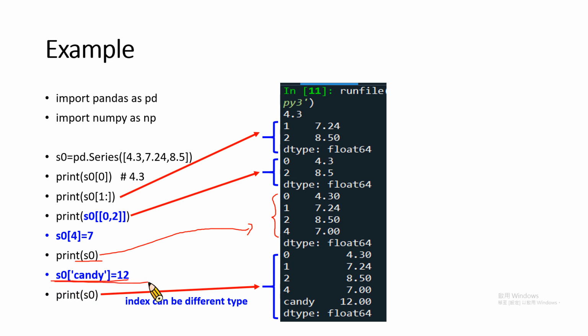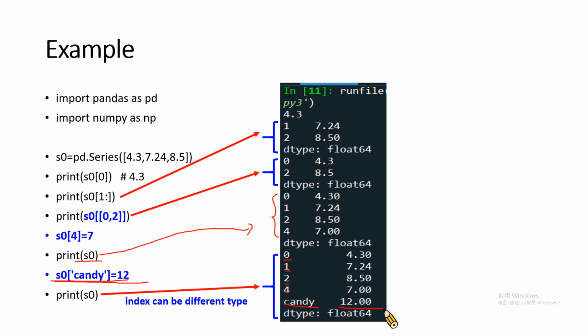So it means that we add, or insert, a new element into the S0 series. If you execute it and print out, you will have five elements now, indexed by 0, 1, 2, 4, and candy.